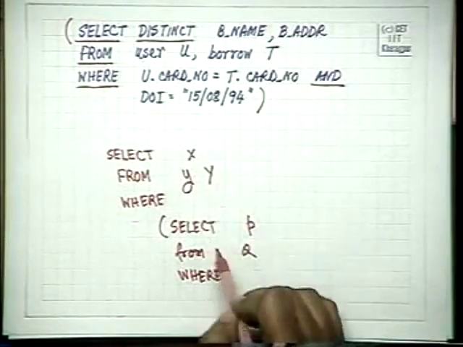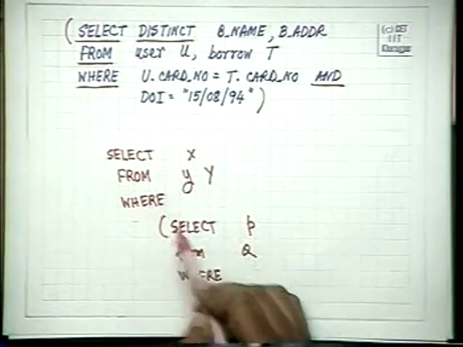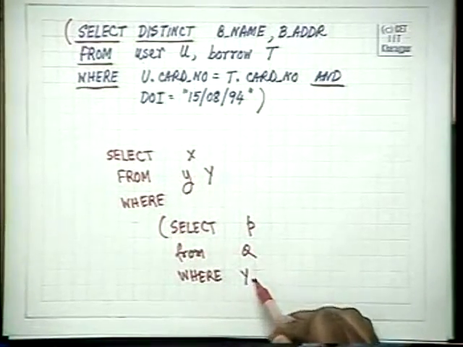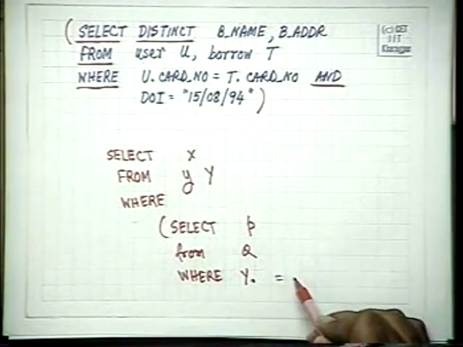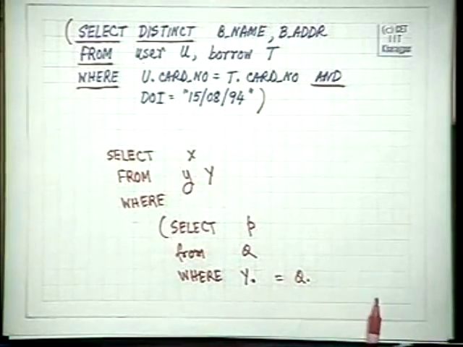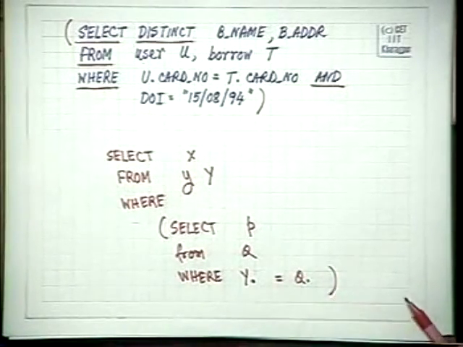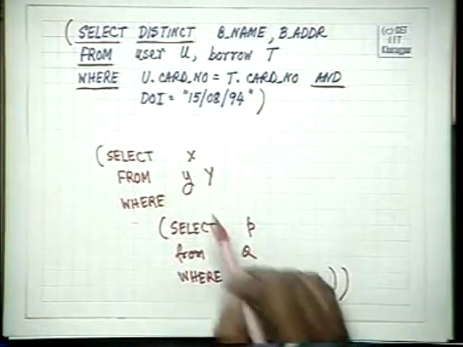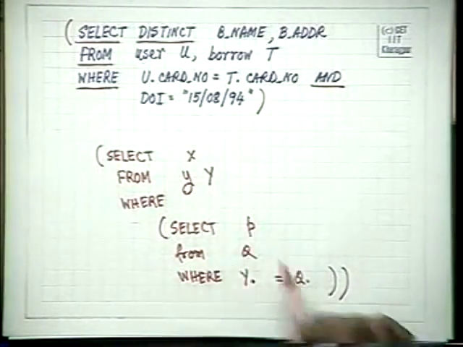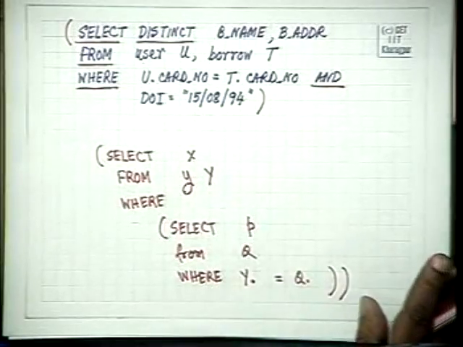Now this y still goes into the scope because it is part of the where. So now you can write y dot something is equal to q dot something. That is allowed. It should be within the scope of this select statement. Wherever the name y is allowed, the same scope will apply for this variable y.